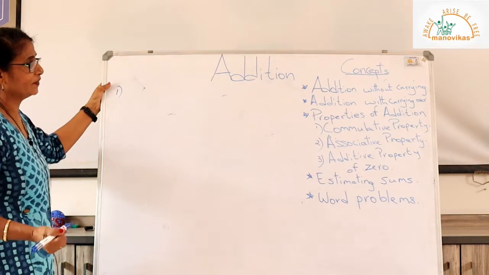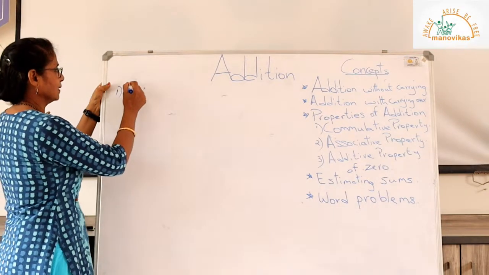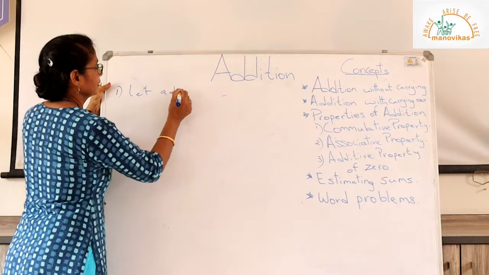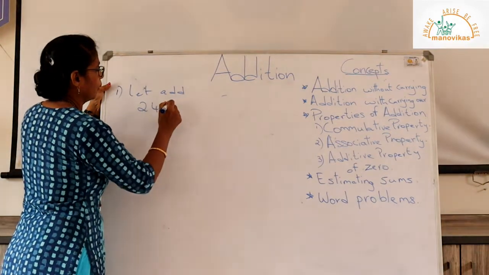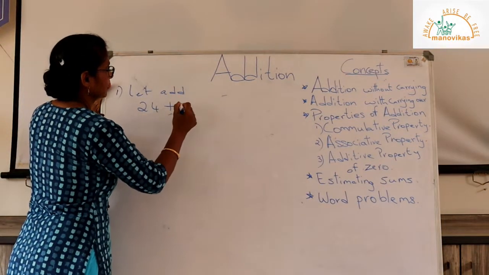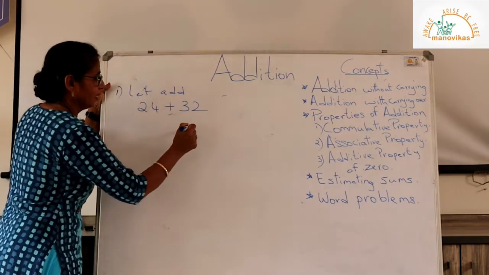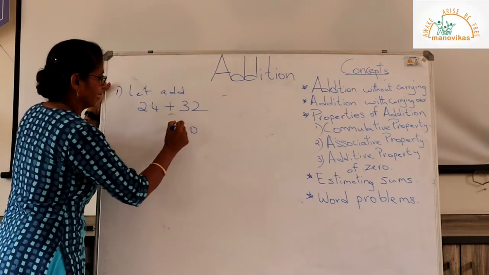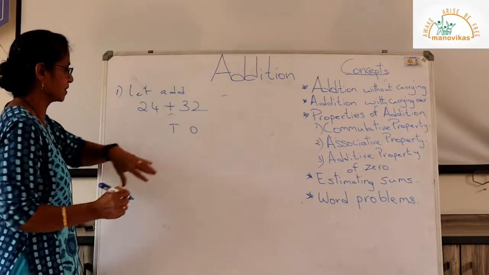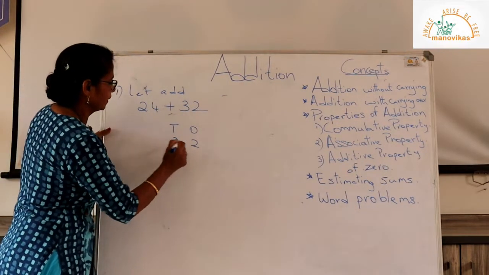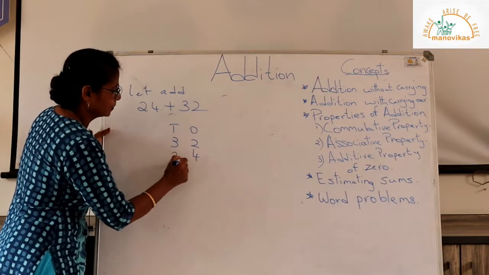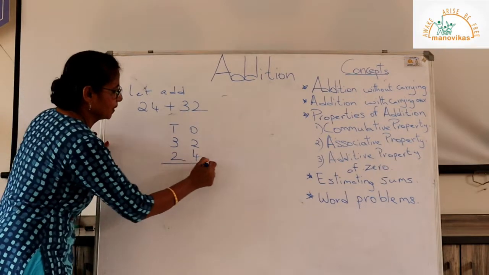Now, addition without carrying over. Let us add 24 plus 32. We put it in the ones and tens places because these are 2-digit numbers. So 2, 4 and 3, 2, put in order.